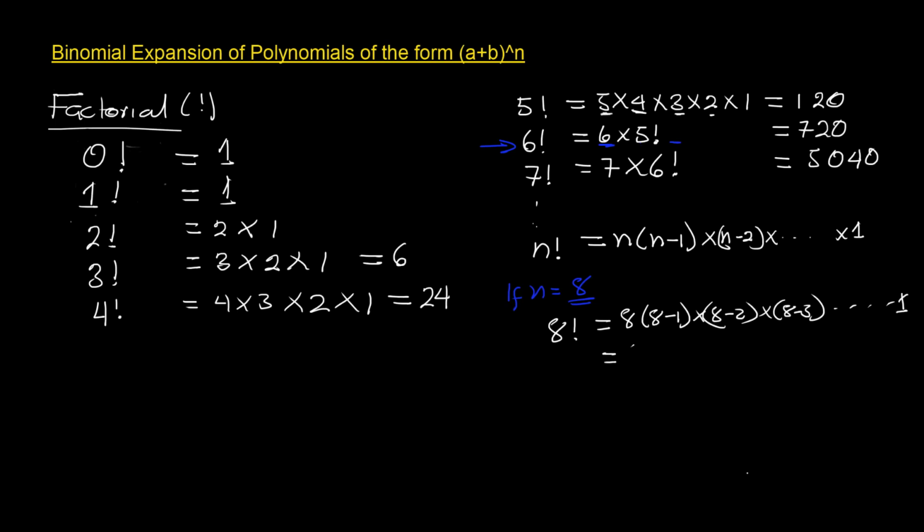So here we get 8 times 7 times 6 times 5 times 4 times 3 factorial. 8 factorial will be 40320.